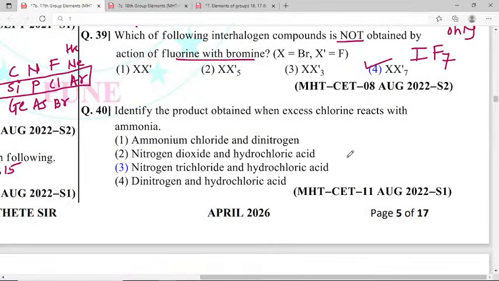Identify the product obtained when excess chlorine reacts with ammonia. If chlorine is in excess, then nitrogen trichloride. This is NCl3 plus HCl.